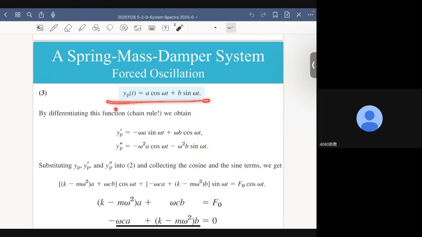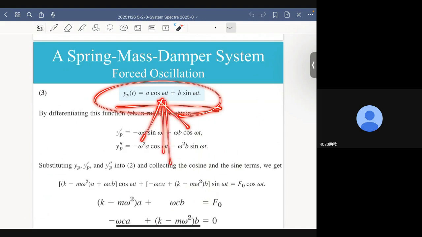Here, based on the technique we learned in the course of engineering mathematics, we assume a particular solution like this, okay? Where does this formula come from? It comes from the method of undetermined coefficients.